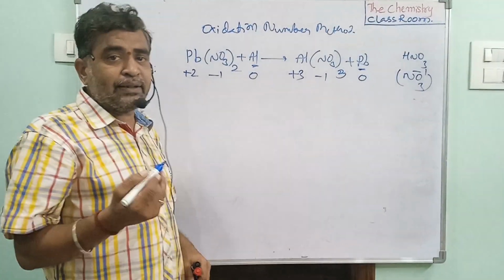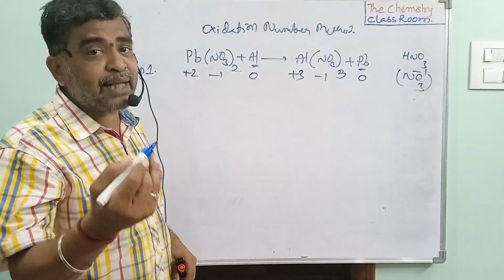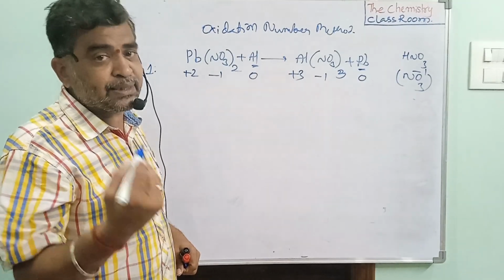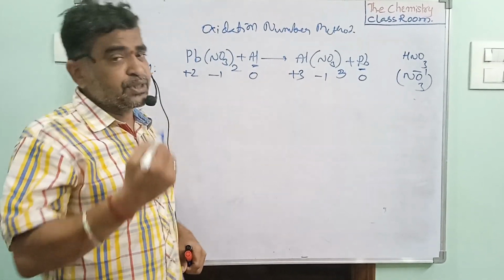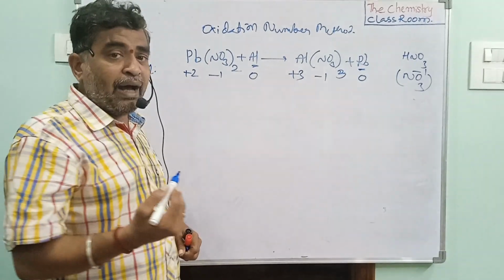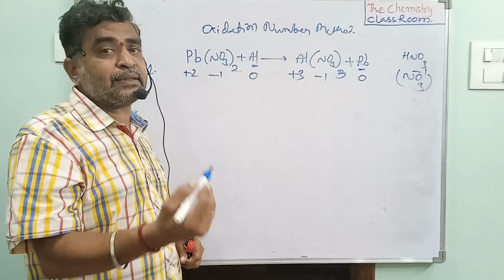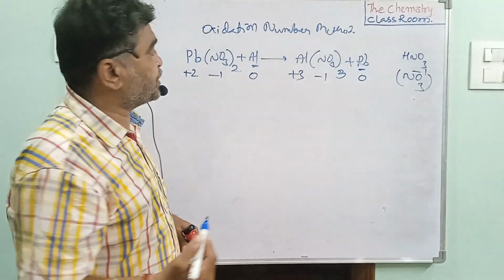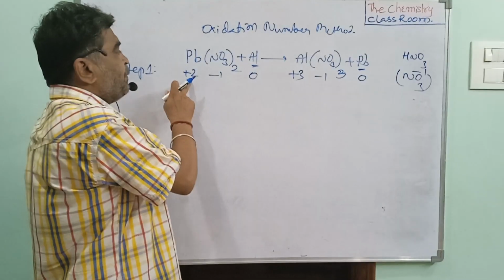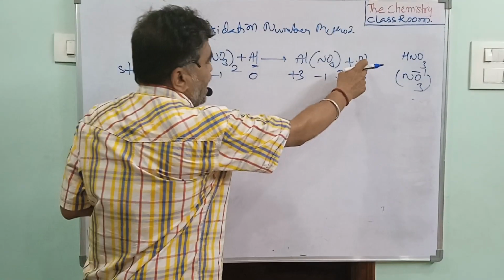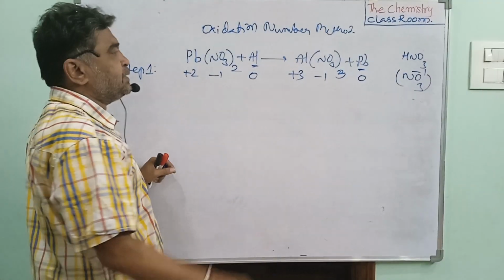Now we observe one thing. One is getting oxidized and one is getting reduced. We know the definitions of oxidation and reduction. If the oxidation number is decreased, that is reduction. If the oxidation number is increased, that is oxidation. Observe clearly: before the reaction the lead oxidation number is +2. After the reaction the lead oxidation number is 0.